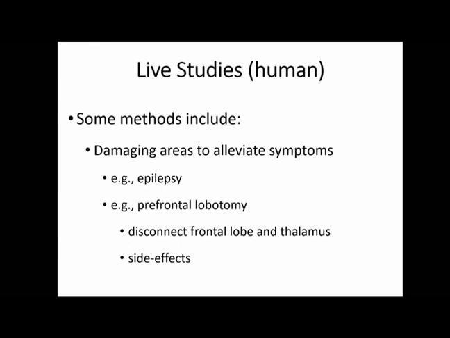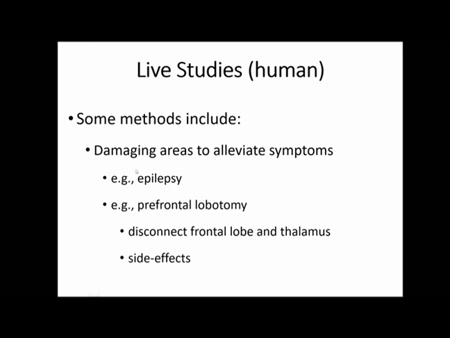So in some really weird cases, people with epilepsy will opt to have part of their brain damaged to try and help stop their epileptic seizures. In older times, people used to conduct prefrontal lobotomies where they would damage the frontal lobe of their brain to try and get rid of bad behaviors.